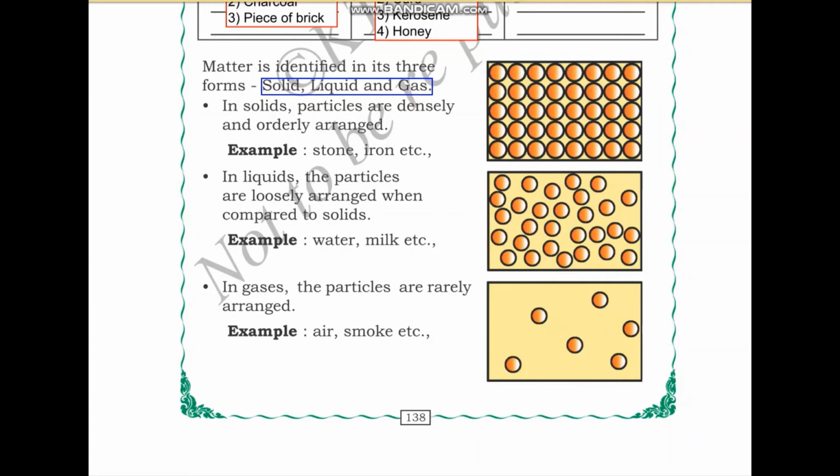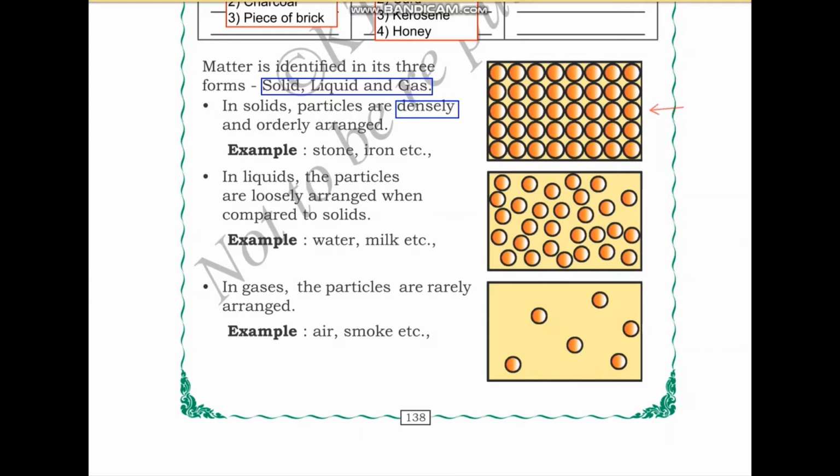In solids, particles are densely and orderly arranged. So, densely arranged means there is no space between the particles. They are arranged very close to each other, and they're also orderly arranged. So, they're arranged in straight line or in a particular pattern.